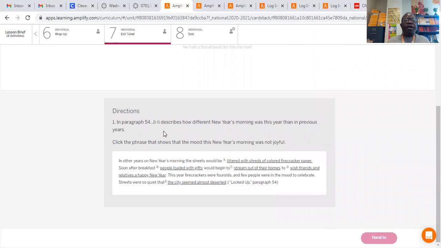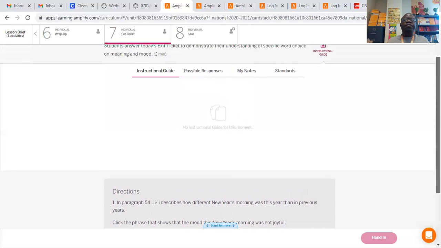Okay, in paragraph 54, Jilly described how different New Year's morning was this year than in previous years. Click the phrase that shows that the mood of this year's morning was not joyful. So find the correct statement.